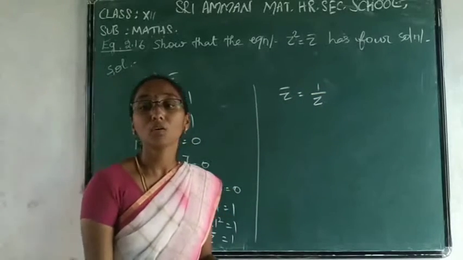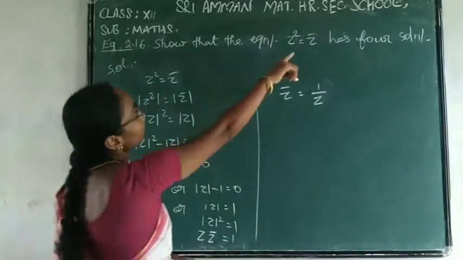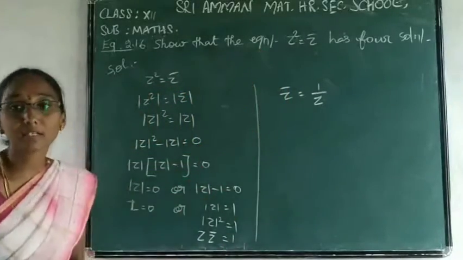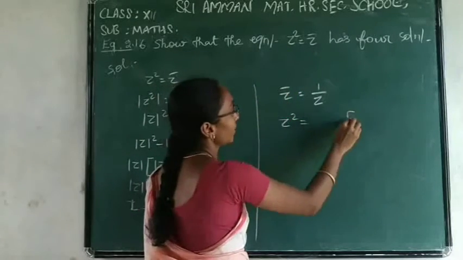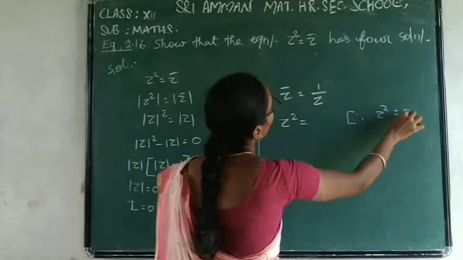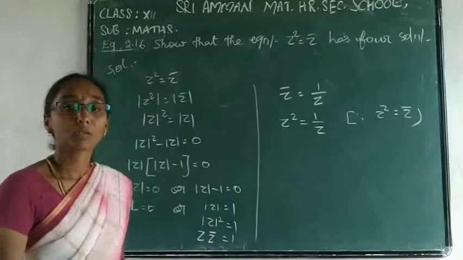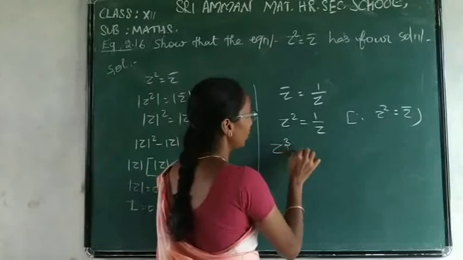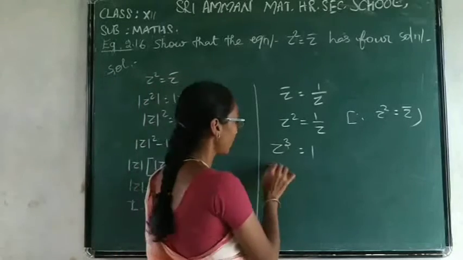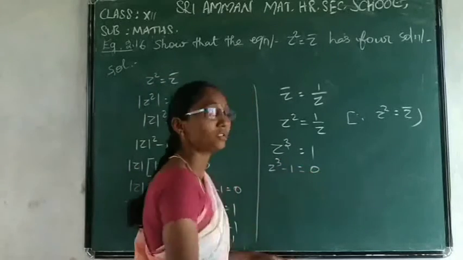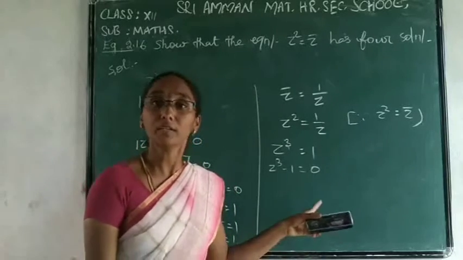But the z bar value is already given as z squared. So substitute: z squared equal to 1 by z. Now cross multiply, so z cube equal to 1. z cube minus 1 equal to 0. It is a cubic equation in the complex variable z.